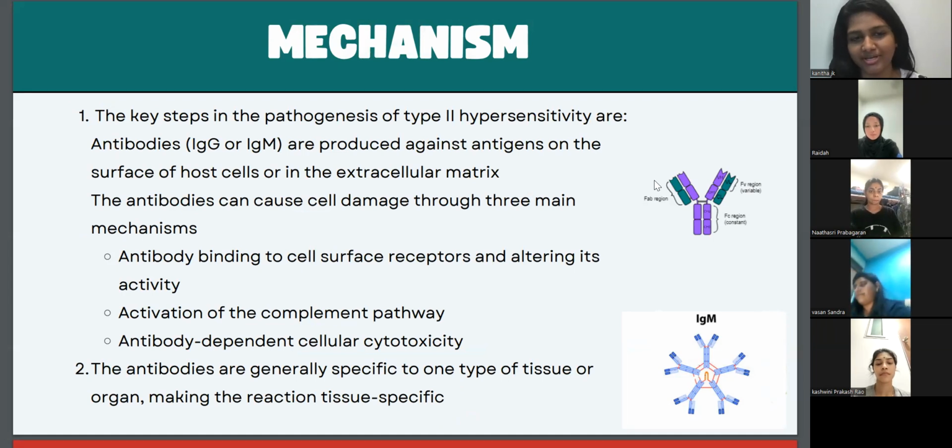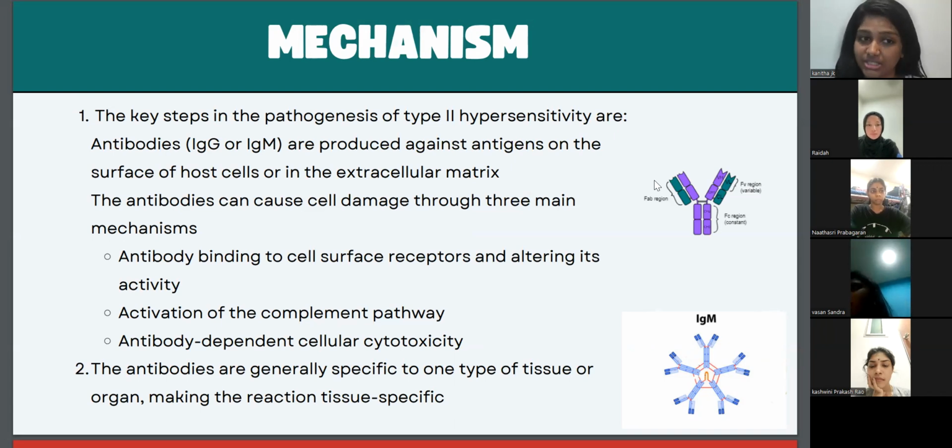Hi, my name is Kanita and I'll be talking about the mechanism part. The key steps in the pathogenesis of type 2 hypersensitivity involve antibodies, which are IgG and IgM, as mentioned by Raida just now. These are produced against the antigens on the surface of host cells or in the extracellular matrix.